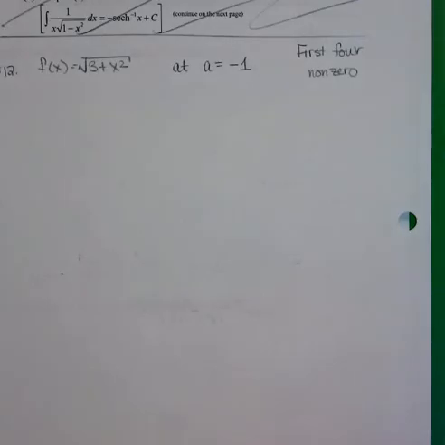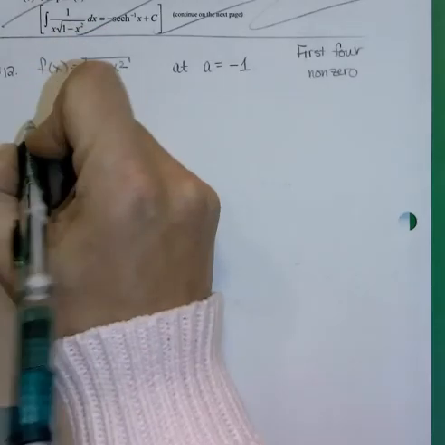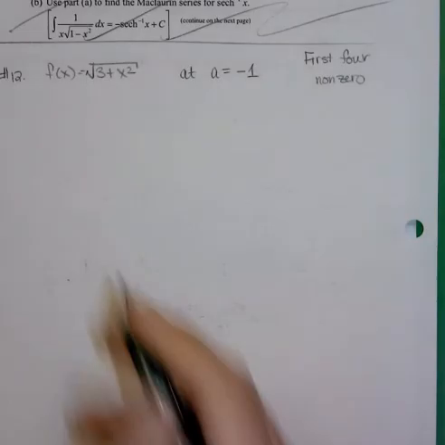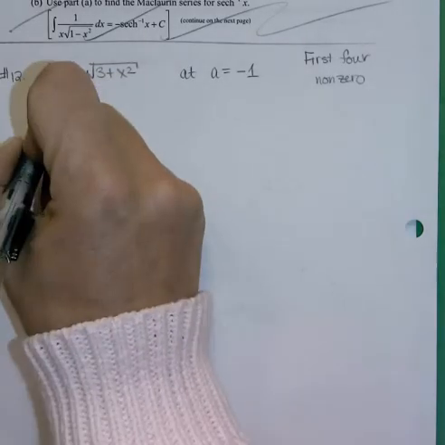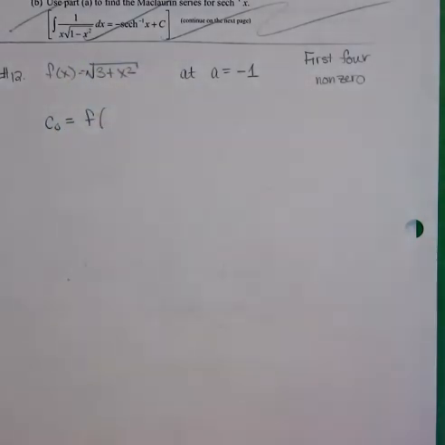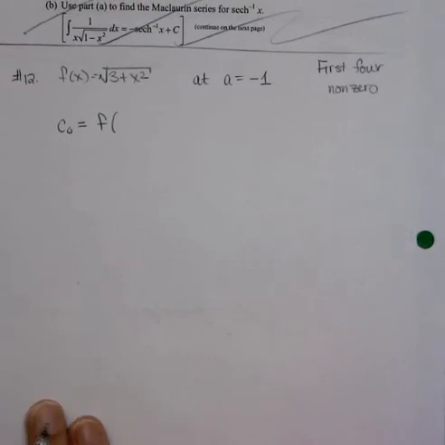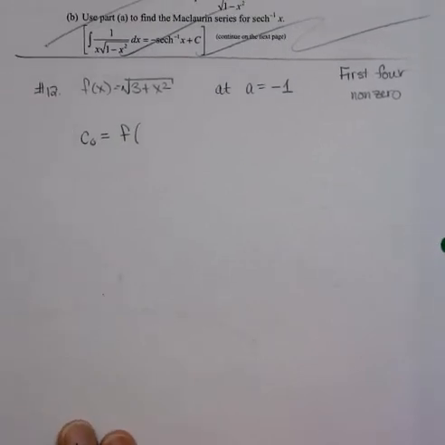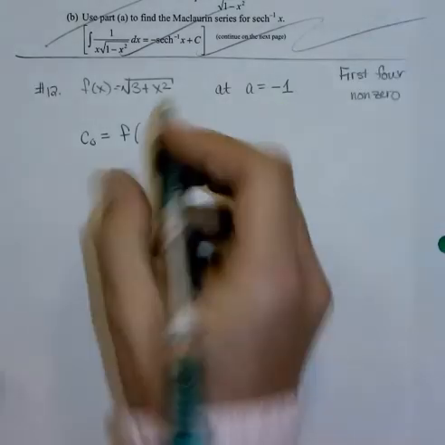So finding the first 4 terms of the Taylor series. So this is the one where you have to remember the formulas for the C's. So C0 was just the function evaluated at wherever you're centering it. The one you did in group work and we did in class was centered at 0, so it was just f of 0, but here we're doing it at -1.